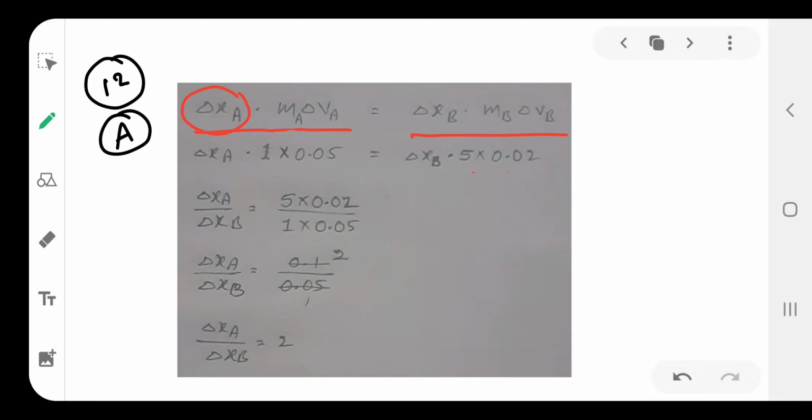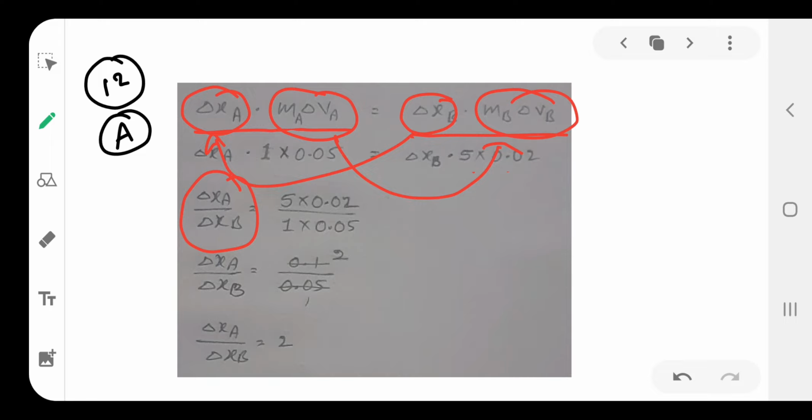So delta XA goes to one side and delta XB to the other, and M delta V moves to this side. Delta XA divided by delta XB is equal to MB delta VB divided by MA delta VA.